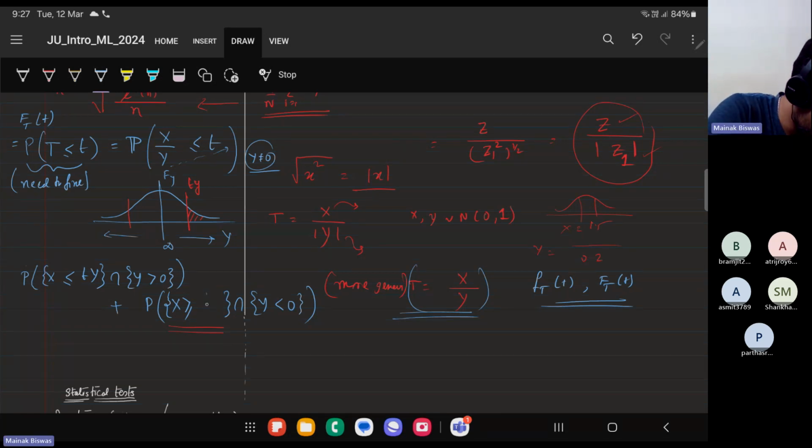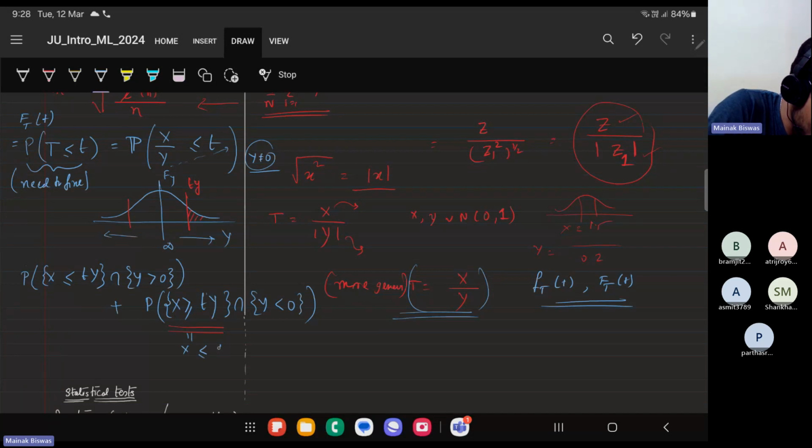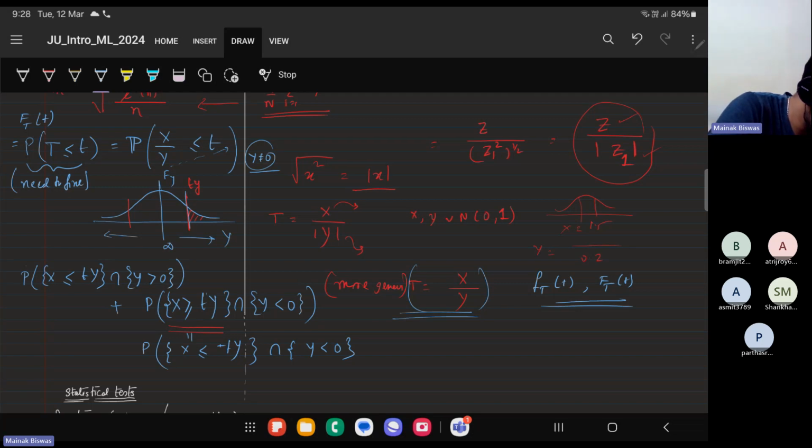Y is negative, sorry. So y is greater than ty, right? Do you agree it is equivalent to saying x is less than or equal to minus ty? Yes or no? Let us take ty to be this.